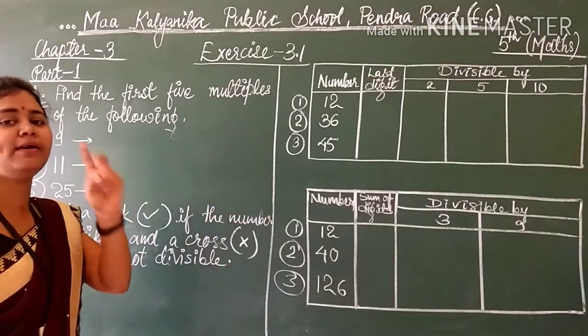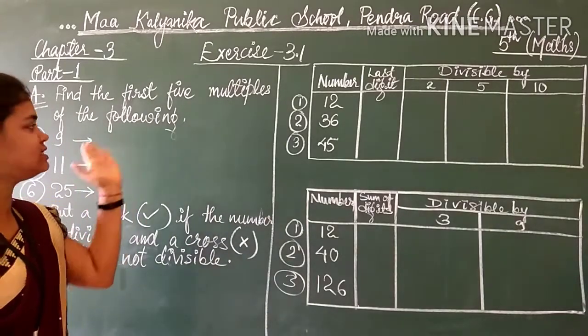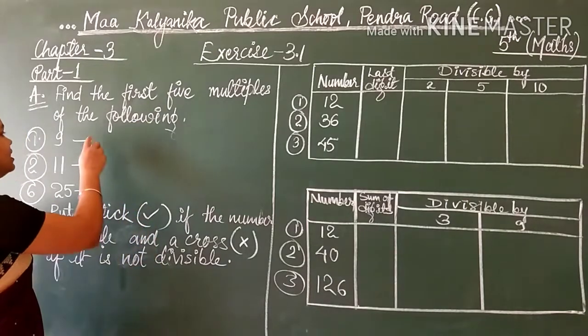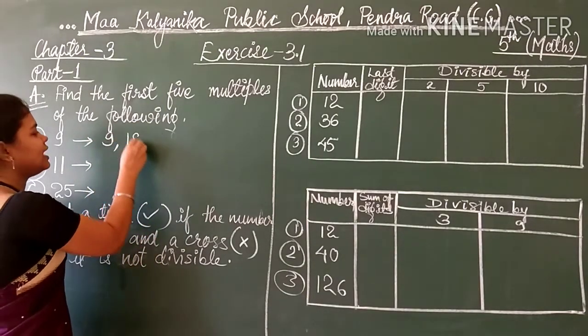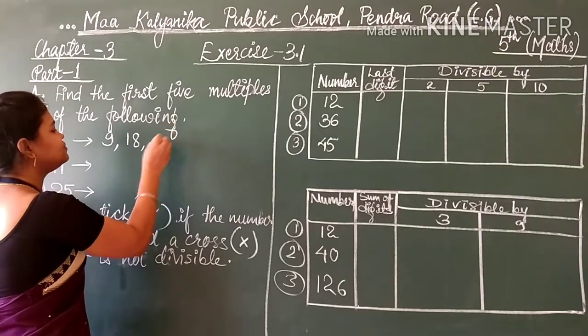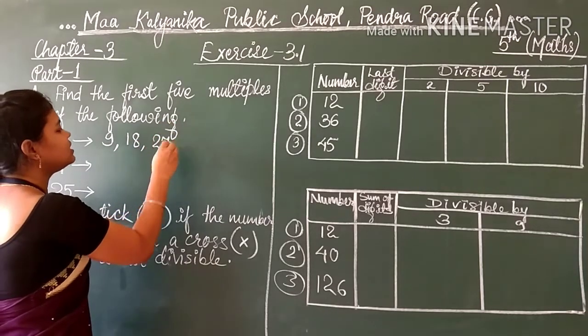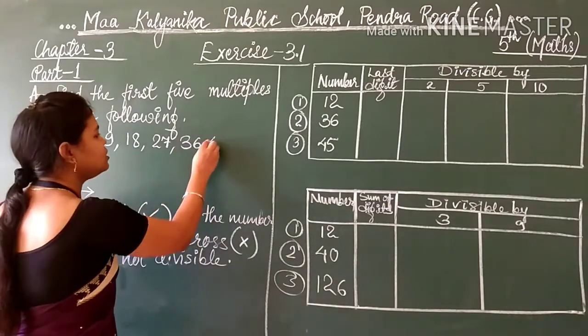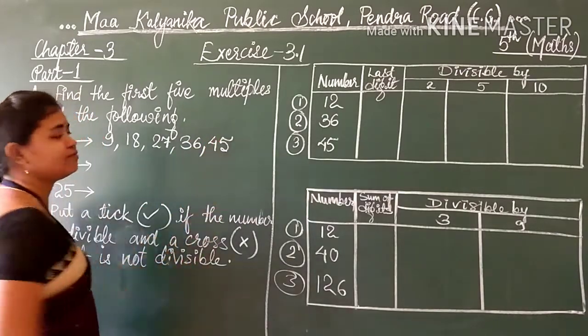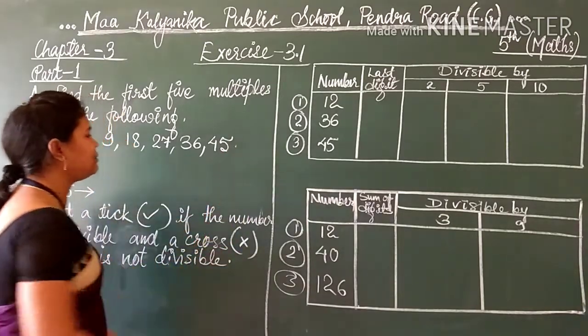You have to multiply 9 by 1, 2, 3, 4 and 5 and write the answers serially. 9 ones are 9, 9 twos are 18, 9 threes are 27, 9 fours are 36 and 9 fives are 45. Yes students, are you getting me?